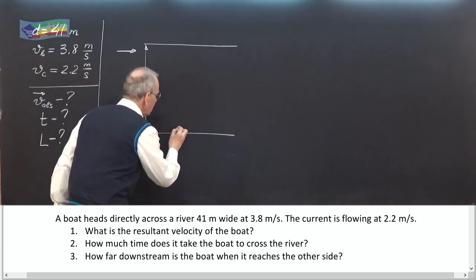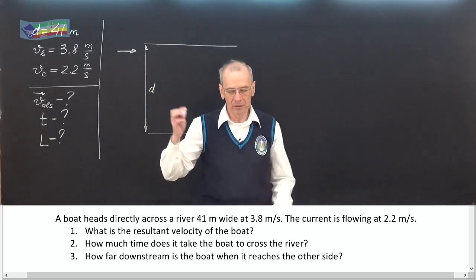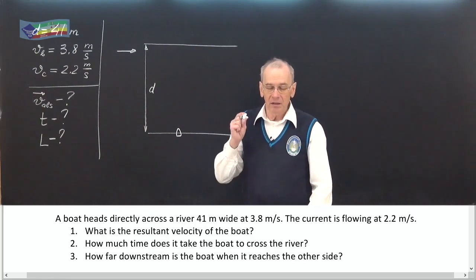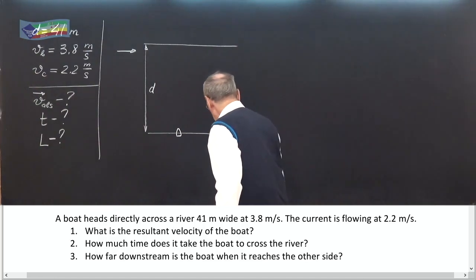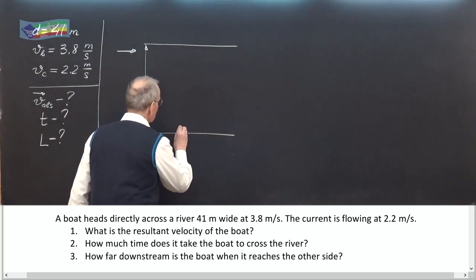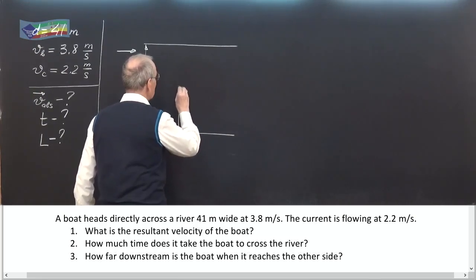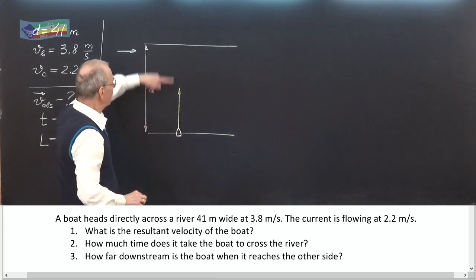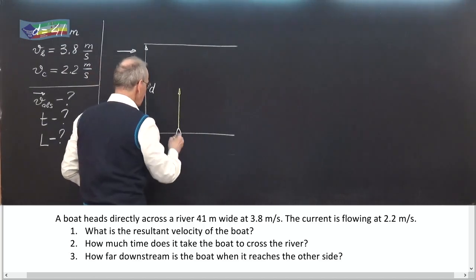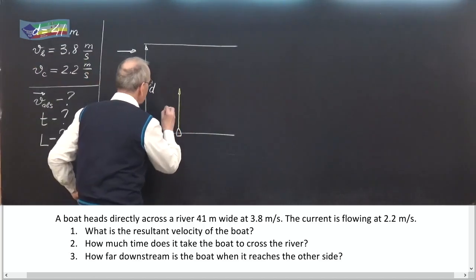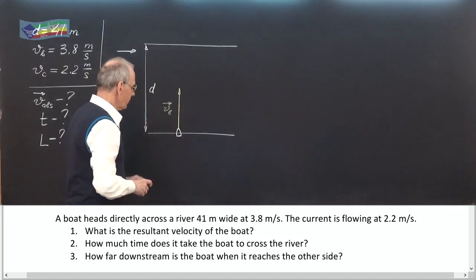And let the boat start from this point, and according to the condition, the boat heads directly across the river. So the vector of the boat's velocity is directed to the opposite bank of the river. This vector is VB, the velocity of the boat.